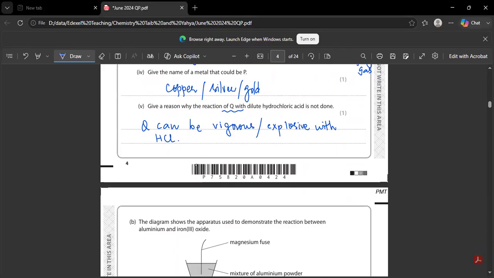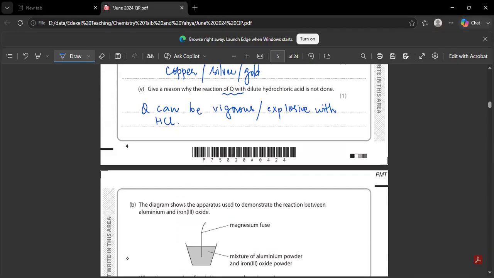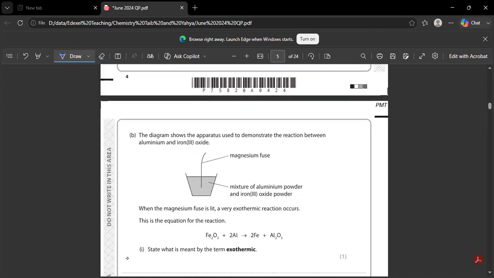Okay. I think it should be violent, not vigorous, because we are actually talking about the danger of that reaction.